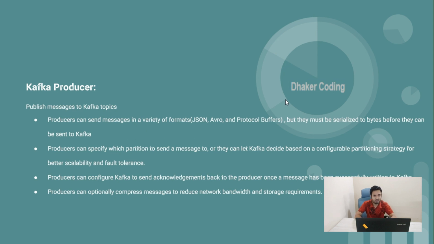Kafka provides acknowledgement options as well while creating the message. We will cover that. And if the message is very big, we can compress the message and then send it to the Kafka topics.